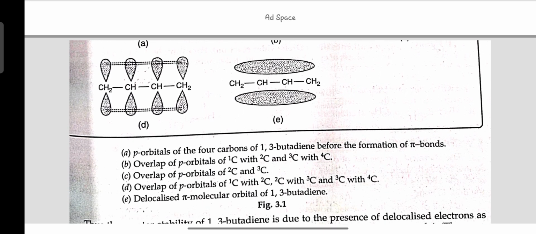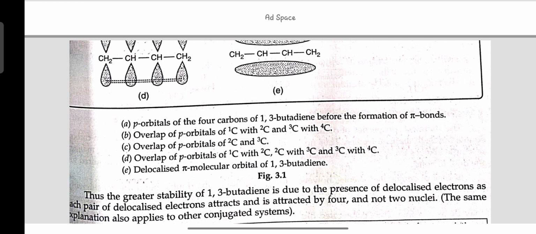A. Figure: p orbitals of the four carbons of 1,3-butadiene before the formation of pi bond. B. Overlap of p orbital of first carbon with the second carbon, and third carbon with fourth carbon. C. Overlap of p orbital of second carbon and third carbon.